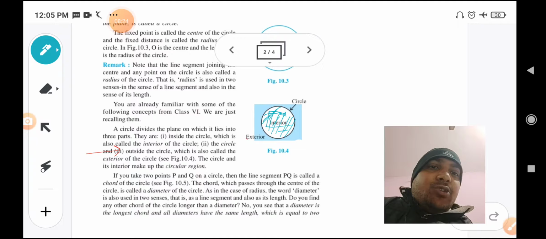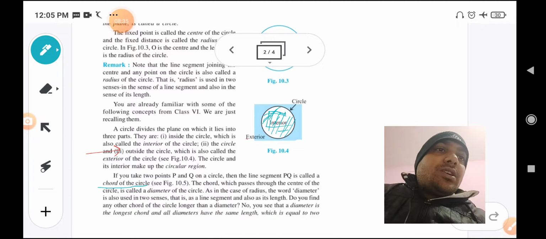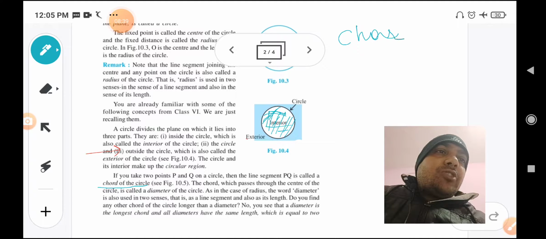If you take 2 points P and Q on a circle, then the line segment PQ is called a chord of the circle. What is the chord? This is very important. Note it down. One important term is chord. What is chord?